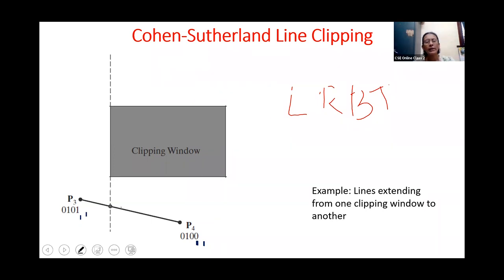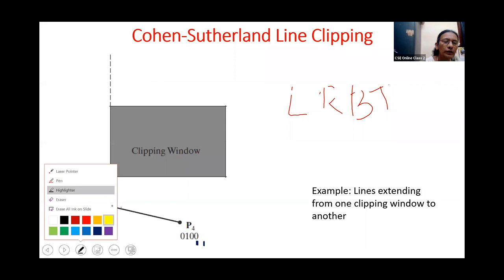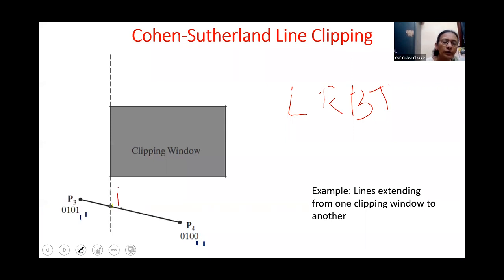So we clip P3 to this point, P3 dash. That is, we find the point of intersection with the left boundary.